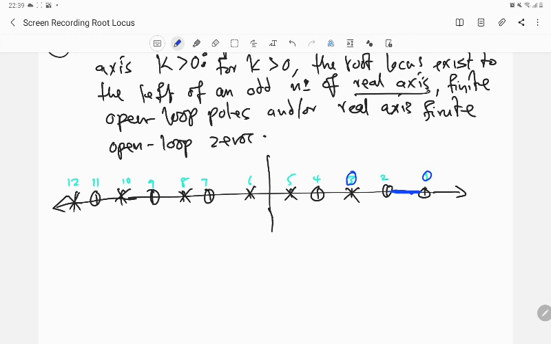Then 3 is odd, so I will count the left side of that, and there will be another root locus lying on the real axis there. And then 4 is even, so I will not count. 5 is odd, and so I'm going to count to the left. And 6 is even, 7 is odd, 8 is even, 9 is odd. So to the left of an odd number of poles and zeros. And then 10 is even, 11 is odd, so I'll put that one here.